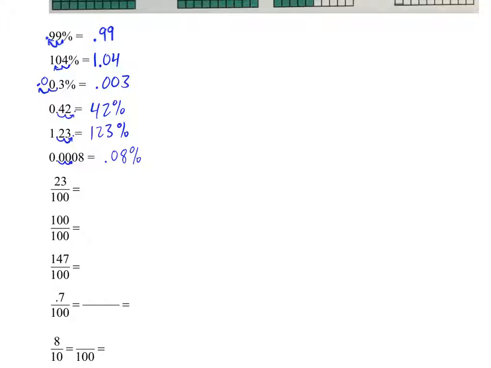23 over 100. Some people maybe jump right to the percent. For me, if you're not sure, I'd punch into a calculator 23 divided by 100, and that'll give us 0.23. 0.23 is the same as what percent? 23%. You could also think back to the beginning of the 8.2 notes where we said whatever number you have over 100, that number's the percent.